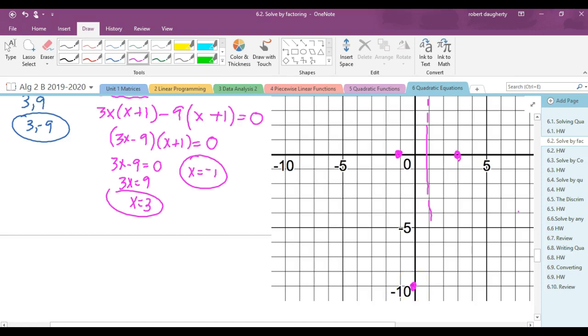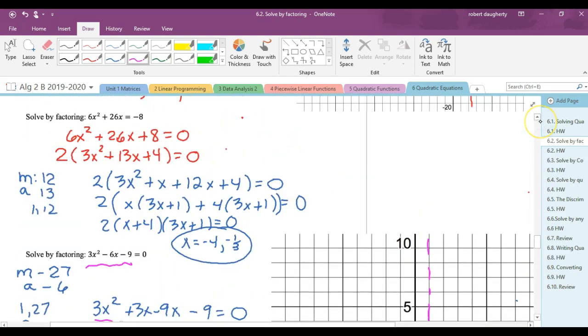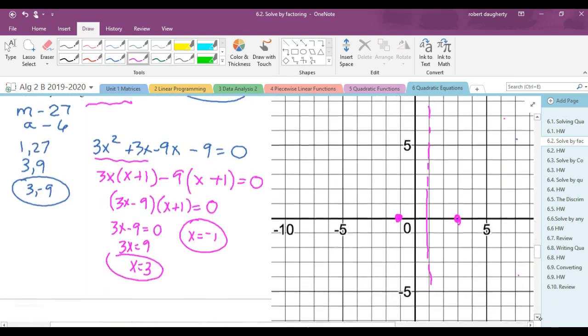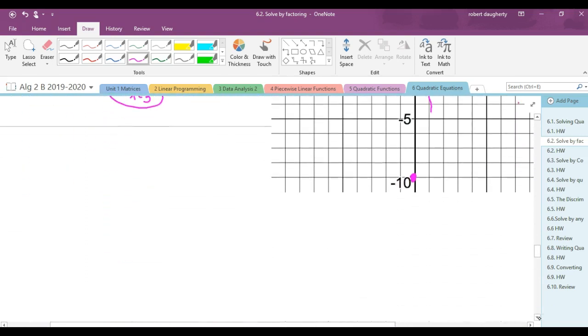And then to find the vertex, I could plug in a 1. If I plug in a 1 here, this is what, 3 minus 6 minus 9. So that's -3, it's -12. So it's a little bit off of my grid here. So if I were graphing the parabola, somewhere down here at -12 would be the vertex.